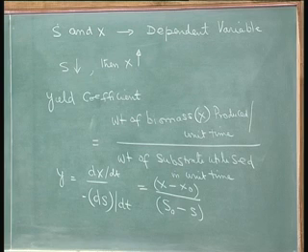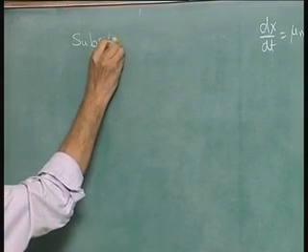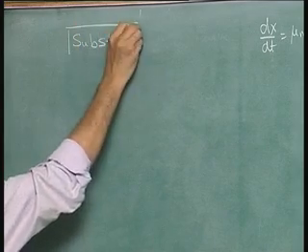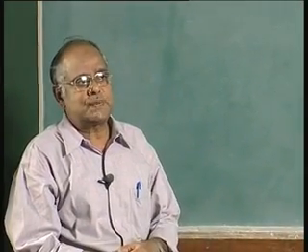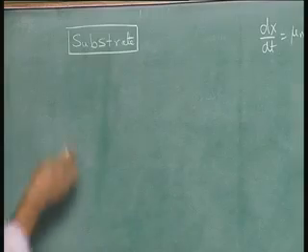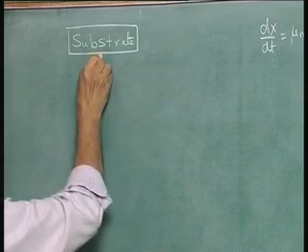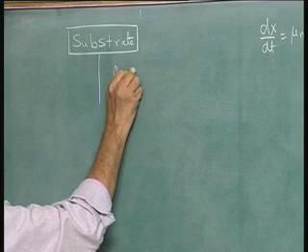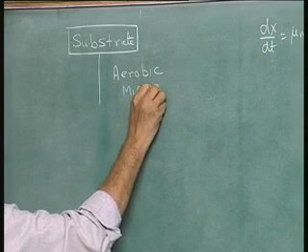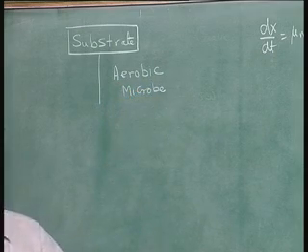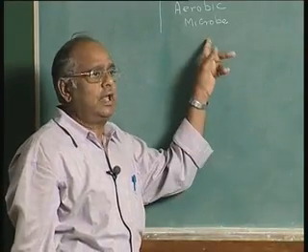Let us see a little more about this yield coefficient. When we consider the yield coefficient, suppose I give the substrate, again I will reiterate, substrate is the food, substrate is the BOD, biochemical oxygen demand, that is present in the wastewater. So when the substrate is given to the aerobic microorganisms, aerobic microorganisms are the organisms which utilize the organic matter in the presence of oxygen, that is why they are called aerobic.